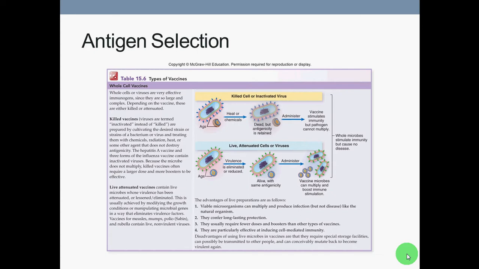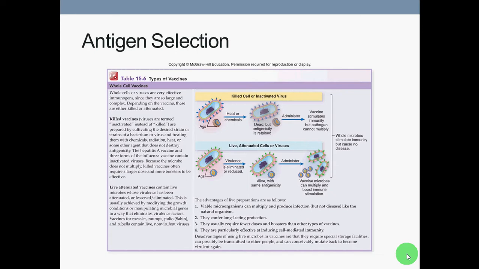So that means that those vaccines confer a long-lasting protection. They can also usually require fewer doses and boosters because they are so antigenic, and they're particularly effective at inducing cell-mediated immunity. So particularly effective at stimulating those T cells.